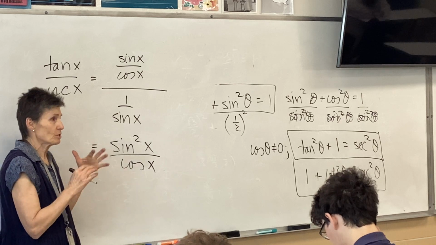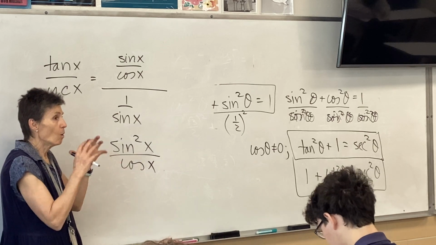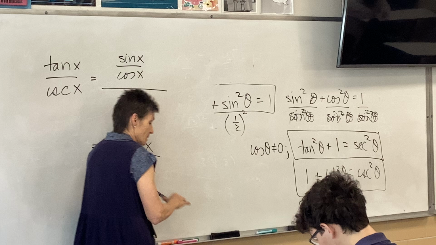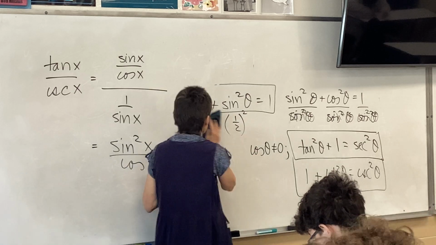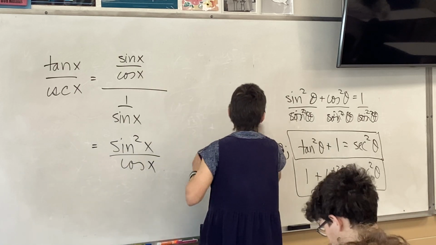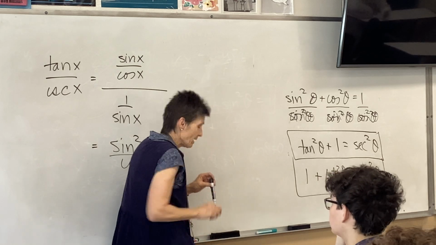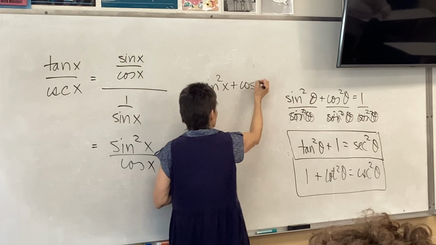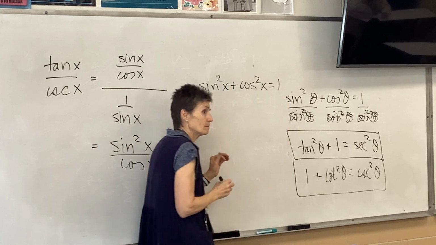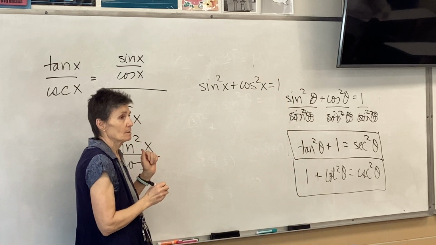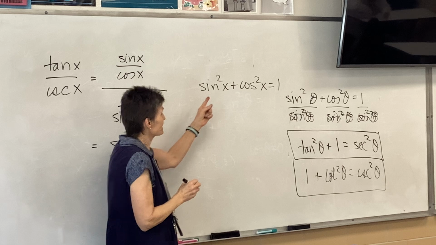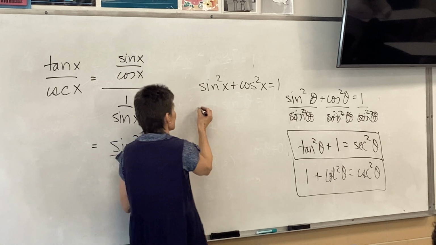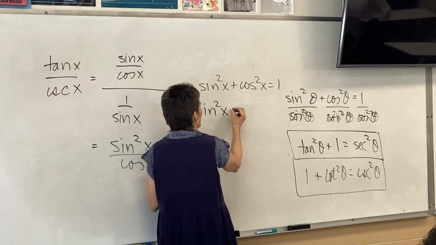Now, the direction said only cosines. So I kind of erased it here, but let's step over here for a second. And remember that sine squared plus cosine squared equals what? So what is sine squared? What does sine squared alone equal?